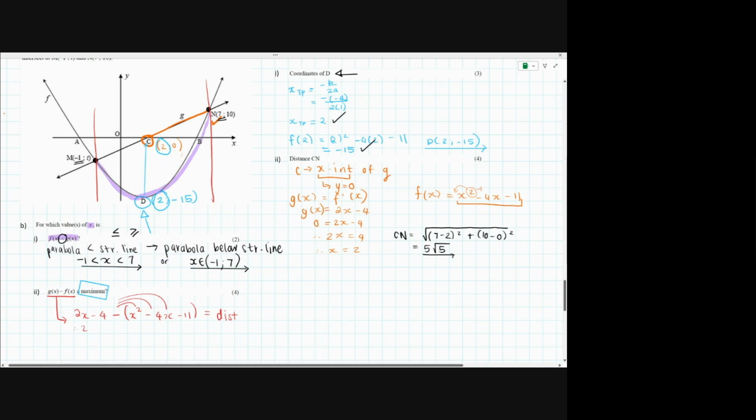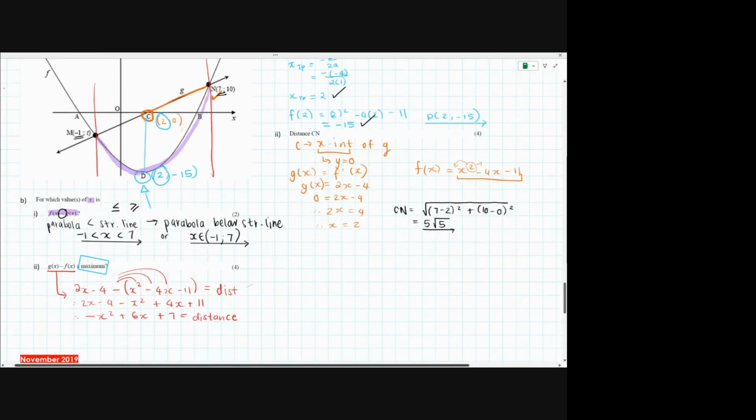So this would be 2x minus 4 minus x squared plus 4x plus 11. Obviously, if you can simplify straight away, that's absolutely fine. And so we end up with an expression of minus x squared plus 6x plus 7. That gives me the distance between g of x and f of x.